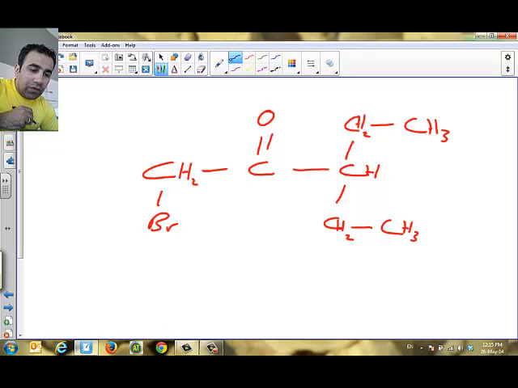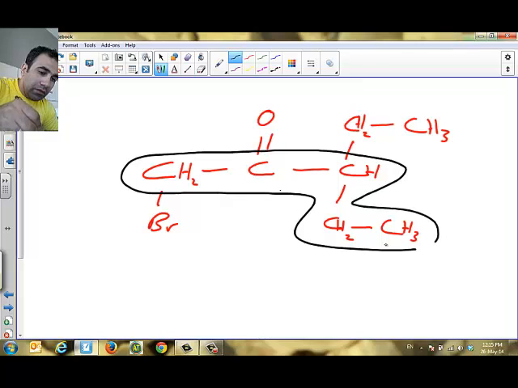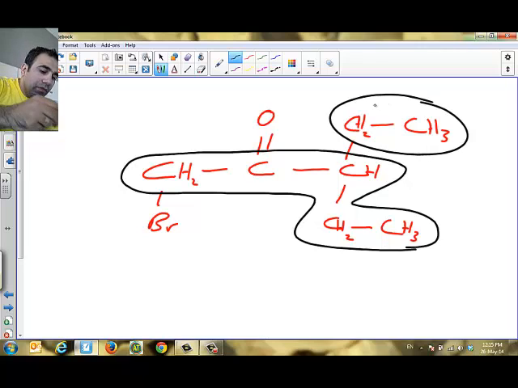Imagine that we have this compound. How can we name it? We take the longest chain. It's going to be like this. We have here one group, and here I have another group.